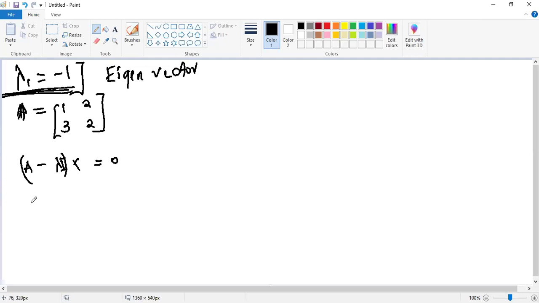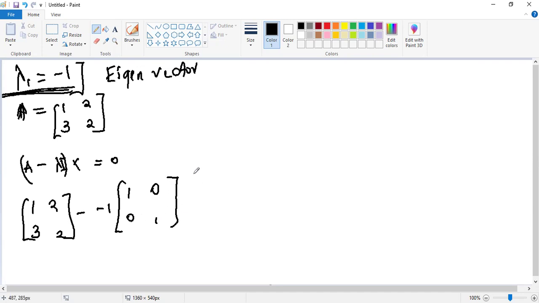What we are going to have is A is 1, 2, 3, 2, and then we have minus lambda, so minus (minus 1), and then the identity matrix, which is 1, 0, 0, 1, and then all this multiplied by x. So we can have x1, x2, but in our case here, actually we used n. So let me use n. So we have here n1, n2. If you use x, it is still okay. This is supposed to be equal to 0. So this is what we are solving to get the eigenvectors.